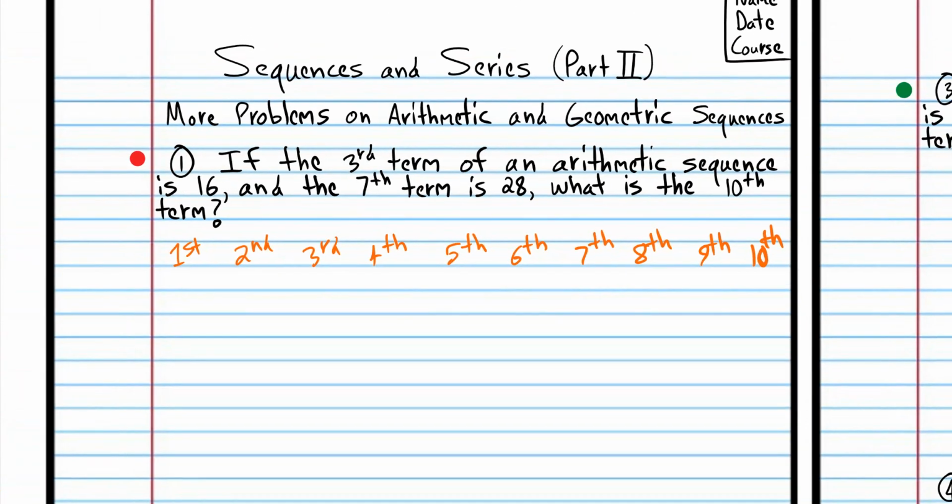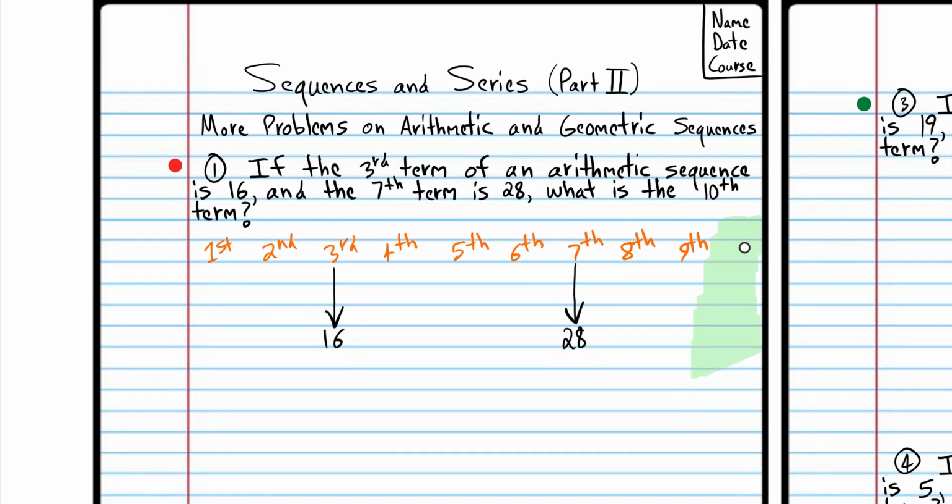So we're told that the third term is 16 and the seventh term is 28, and we're looking for the 10th term. We're also told that this is an arithmetic sequence.